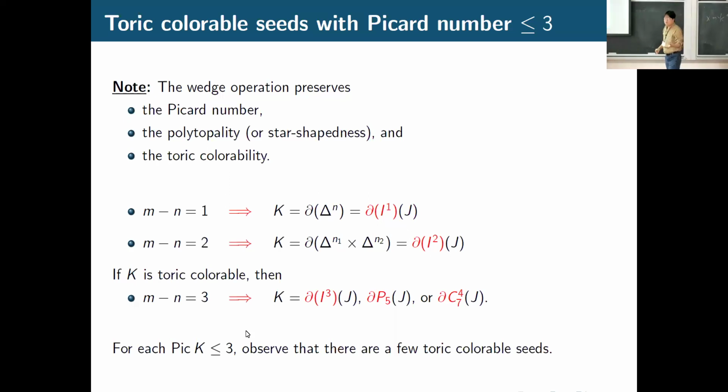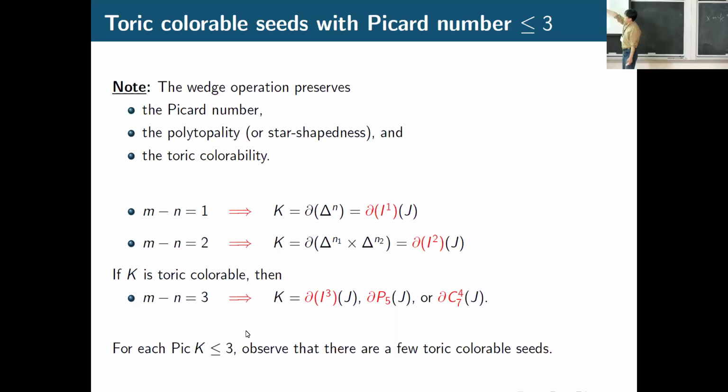Then, in order to characterize all toric curable PL spheres of some given Picard number, what we have to do is just check the seeds. If a seed is toric curable, then all PL spheres obtained from that seed by wedge operation are toric curable. It means they admit maximal Buchstaber numbers. So we have some very good tools to attack this problem.